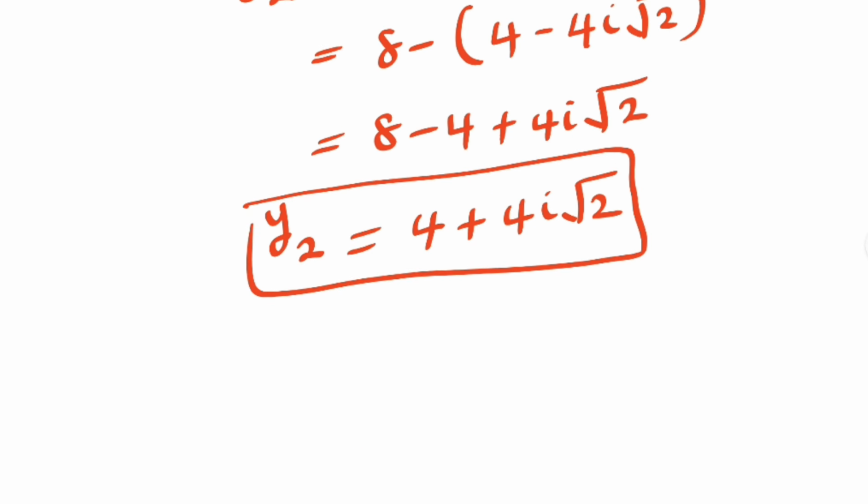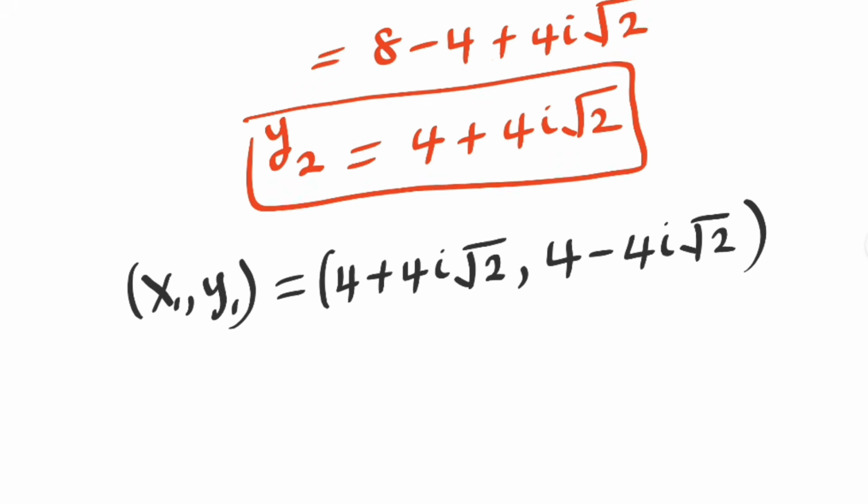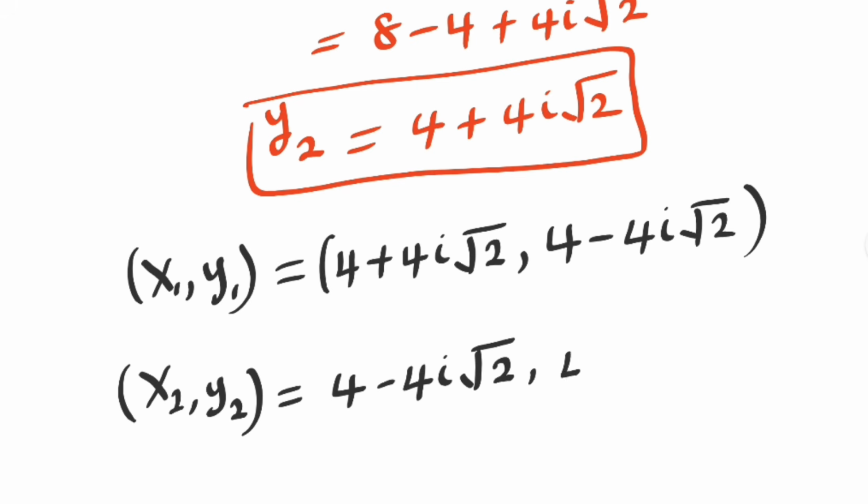Therefore, our final answers are x1, y1 is equal to 4 plus 4i root 2, 4 minus 4i root 2. x2, y2 is equal to 4 minus 4i root 2, 4 plus 4i root 2.